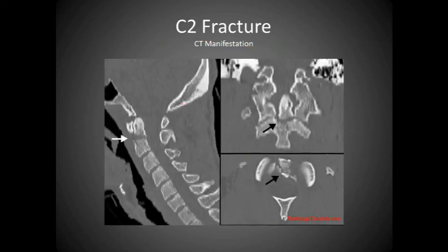Here's an odontoid fracture. This is type 2 or type 3, depending on what we're looking at. Based on this image, I believe it's a type 3 because it's going through some portion of the body. We see that we have fracture here and kind of going down. This coronal image kind of displays it even better.